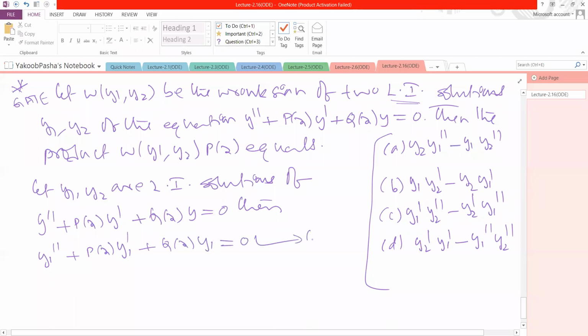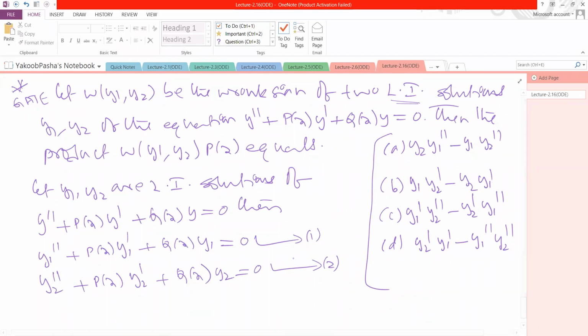Call it equation number 1. And also for y2, that is y2 double dash plus P of x into y2 dash plus Q of x into y2 is equal to 0, because y1 and y2 are two solutions for the second order linear differential equation.